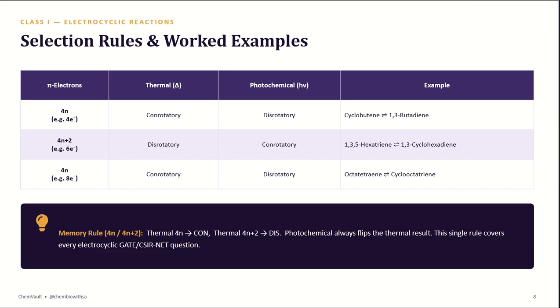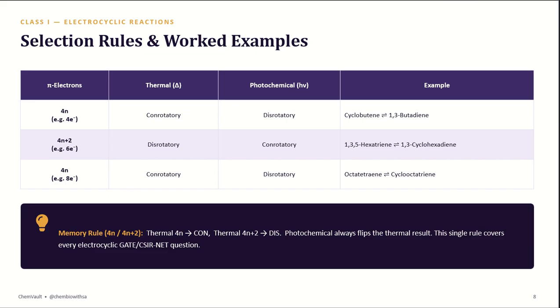Here's the complete selection rule table for electrocyclic reactions, and I want you to notice the beautiful alternating patterns: 4 pi electrons, thermal, conrotatory; 6 pi electrons, that's 4n plus 2, thermal, disrotatory; 8 pi electrons, back to 4n, thermal, conrotatory again. And for every single one of these, the photochemical pathway is simply the opposite of the thermal one.